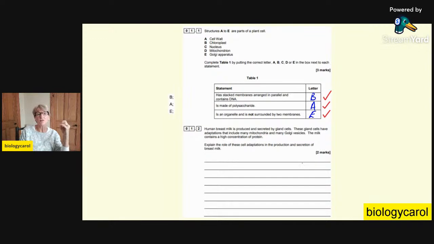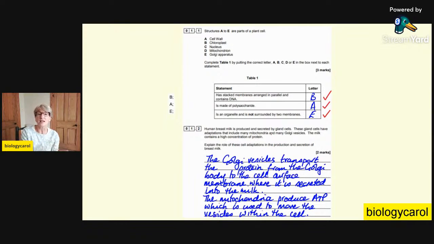So, explain the role of these cell adaptations in the production and secretion of breast milk. So here, the mitochondria are going to be producing ATP so that bigger molecules, proteins, can be made up from smaller ones. You might remember that that is one of the main purposes of the energy that's released from respiration that you learnt about at GCSE.